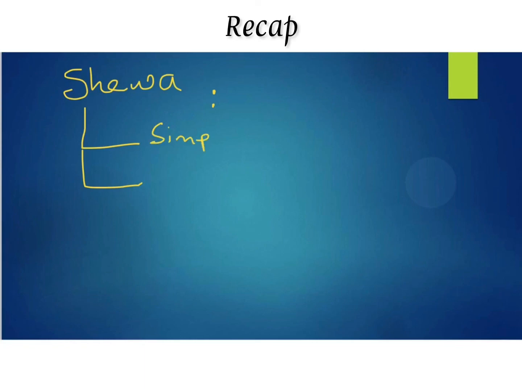Alright, then thirdly, what did we learn? We learned about Shewa. What is a Shewa? A Shewa is a colon written below a consonant, and the purpose of Shewa is to indicate or to help in smooth pronunciation. This Shewa can be divided into two. One is simple Shewa and the other one is composite Shewa.